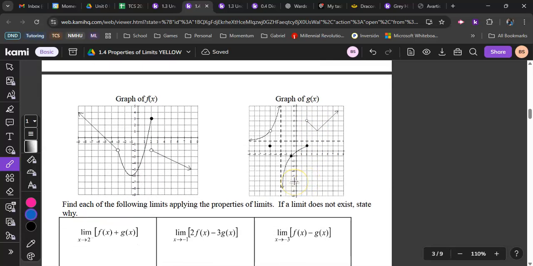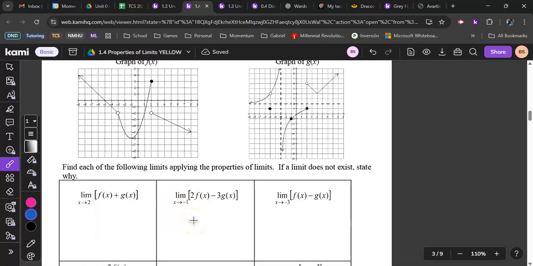Well, we're going to now apply them. So we are going to keep doing them, but we'll apply. If I have these two limits and my two graphs, I can just find each limit and add them together. Remember, these are one-sided limits. The limit as x approaches 2 from the left of f of x would be up here, it's 3.